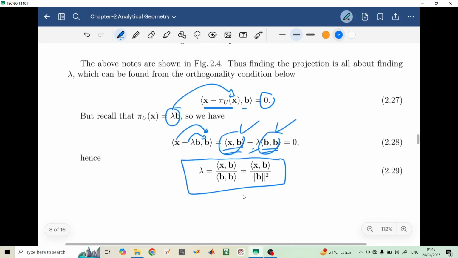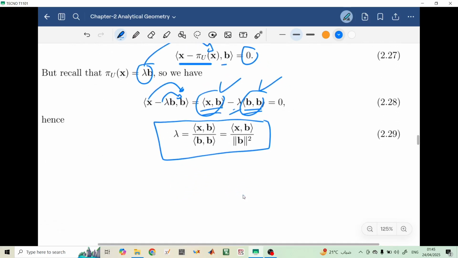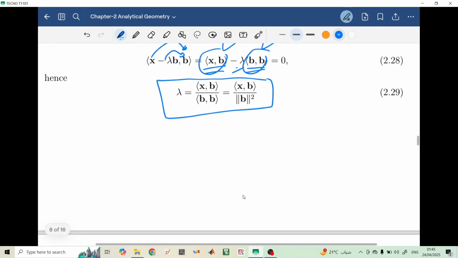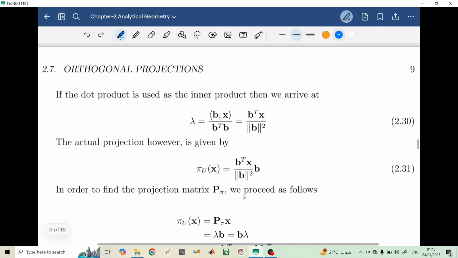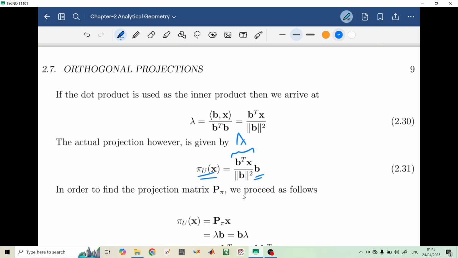Okay, so this is lambda. Now if you want to write the whole vector, this is lambda, and this is the basis vector. Here we substituted the inner product with the dot product. So this is a special case, when we're talking about Euclidean space or vector spaces.